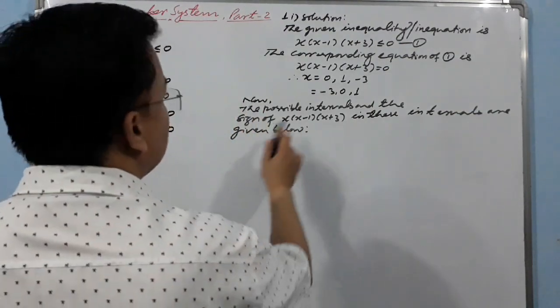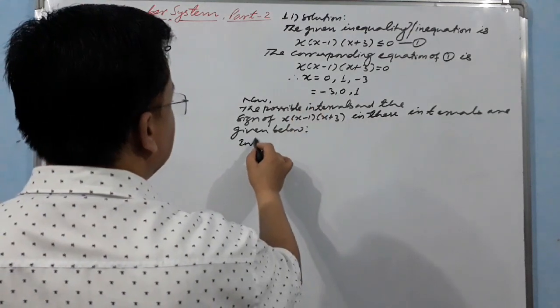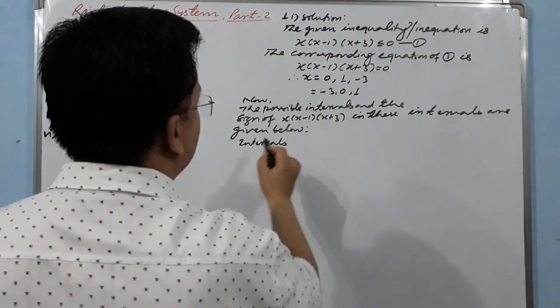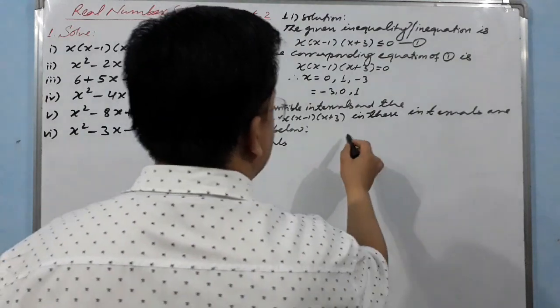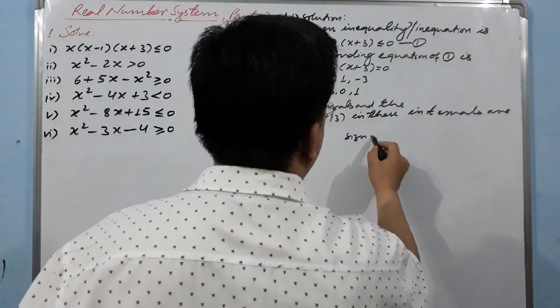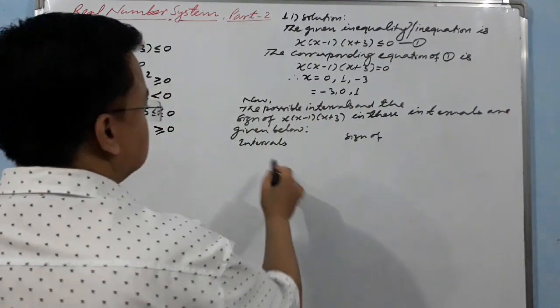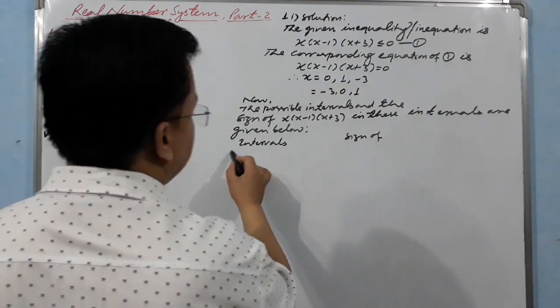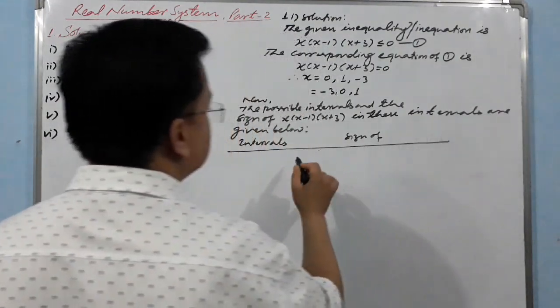As I told you, here you may write the possible intervals, and here the sign. You can make this type of table.